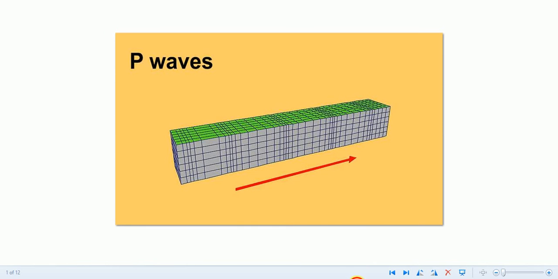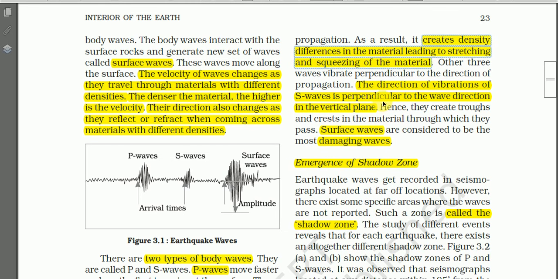Okay, so next we have the S wave. The direction of vibration of the S wave is perpendicular to the wave direction in the vertical plane.